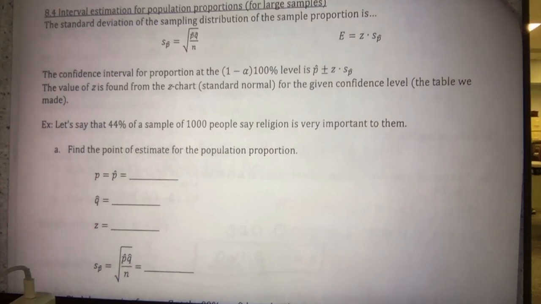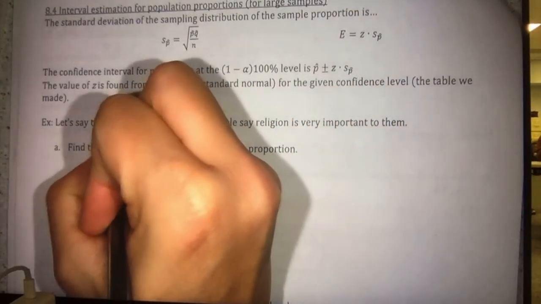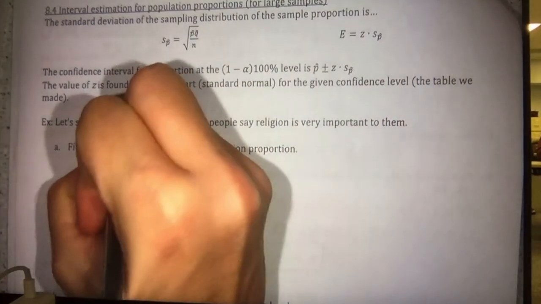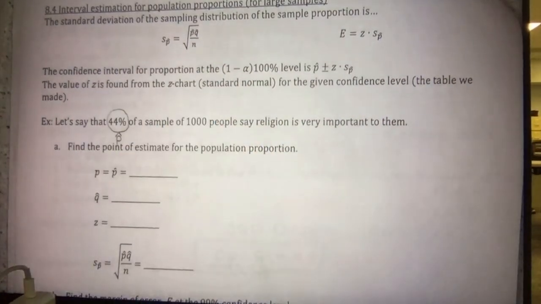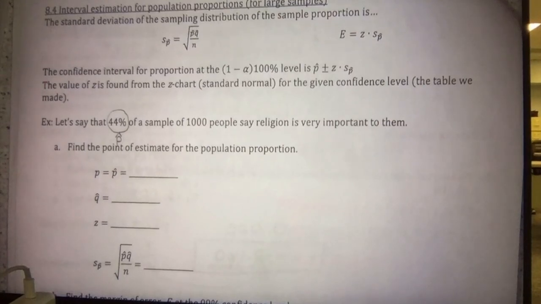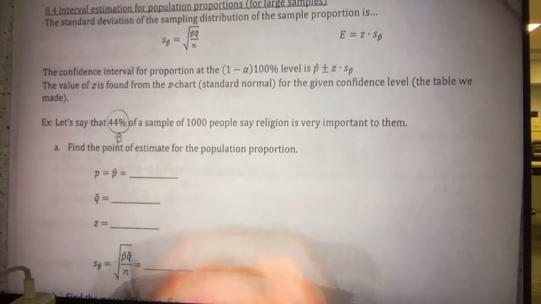Let's say that 44% of a sample of 1,000 people say religion is very important to them. So part A, find the point estimate for the population proportion. So they tell us 44% of people. This is going to be our p hat. P is the same thing as p hat, just like we said mu is the same thing as x bar.